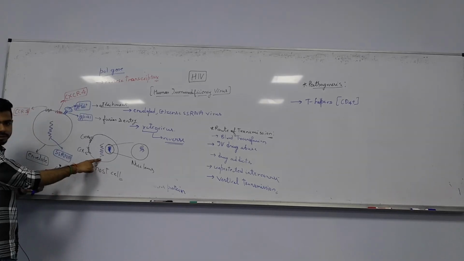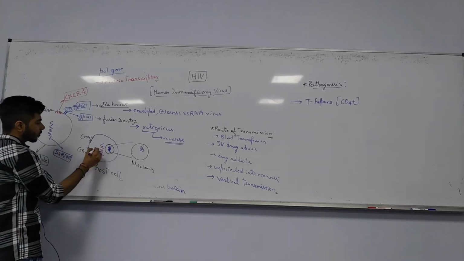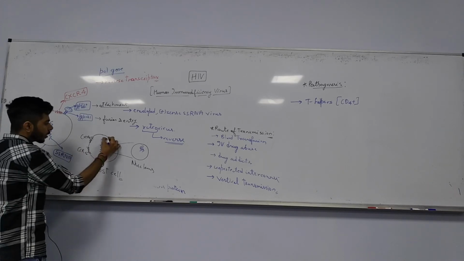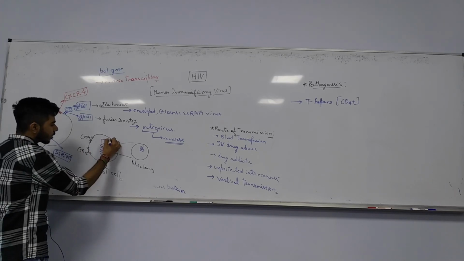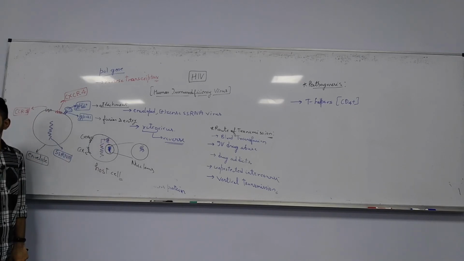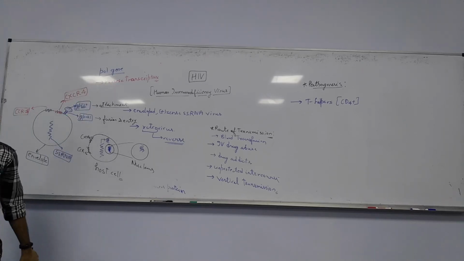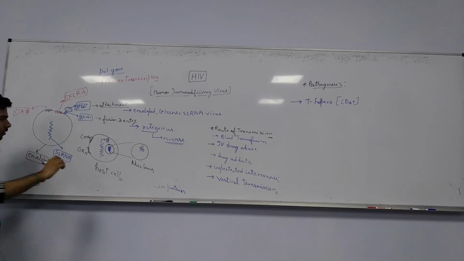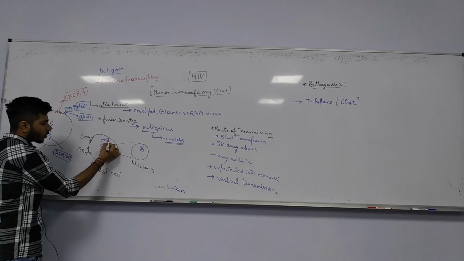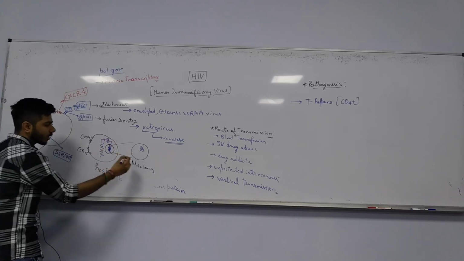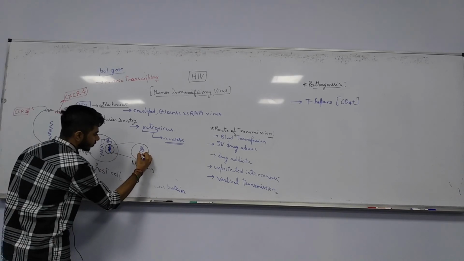This virus will convert itself into double-stranded DNA with the help of reverse transcriptase enzyme, which comes from the pol gene. Understood? With the help of pol gene. So this virus will now penetrate the nucleus and it will be binding itself in between that. For example, like this.